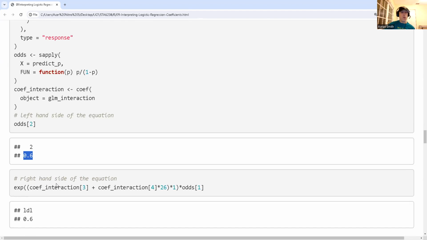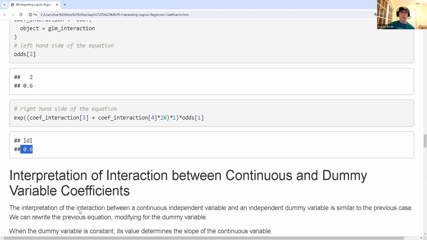And if I do the equation I had before, notice I have the coefficients, intercept aspect. I have the coefficients for the interaction times the value of the other one. I'm multiplying there, and then I multiply by the overall odds. So here, this is my delta x2. This is the value of x1. And boom, I get exactly the same value.